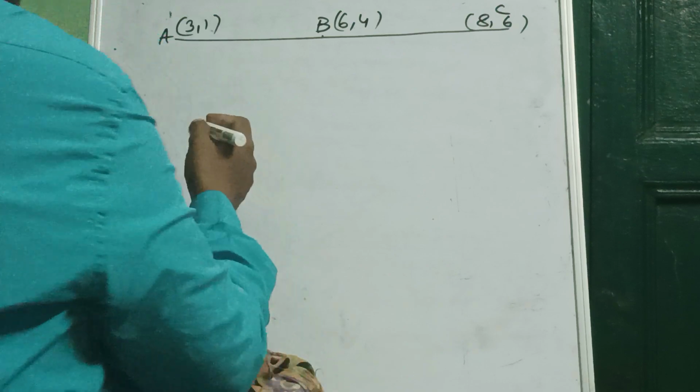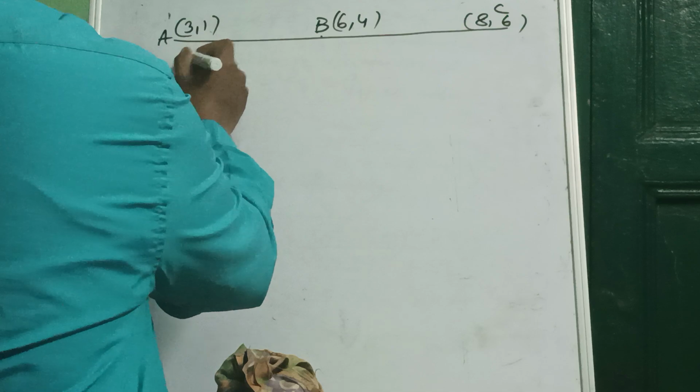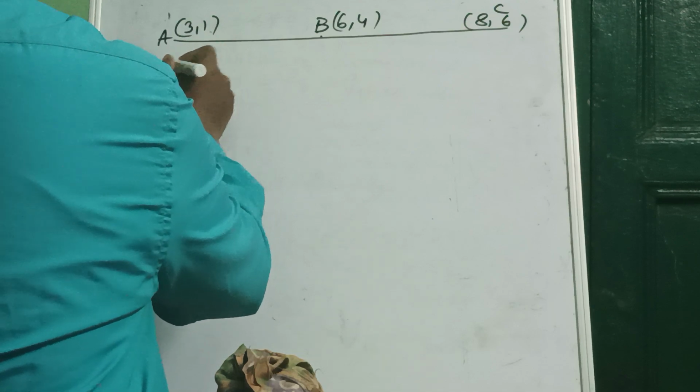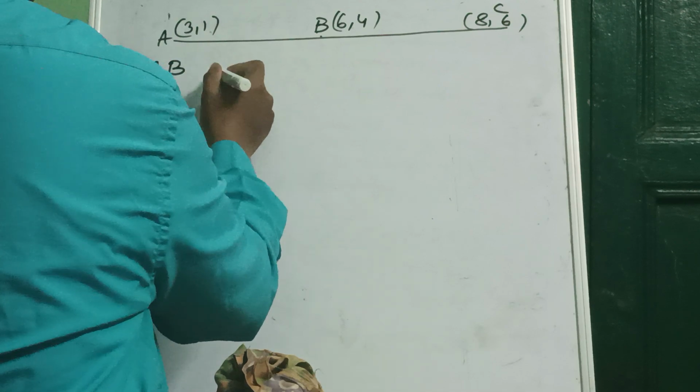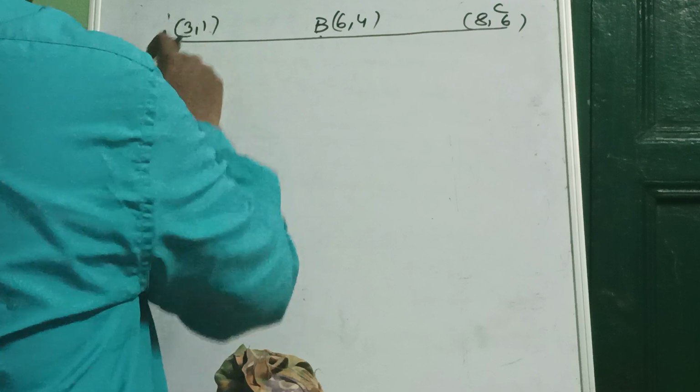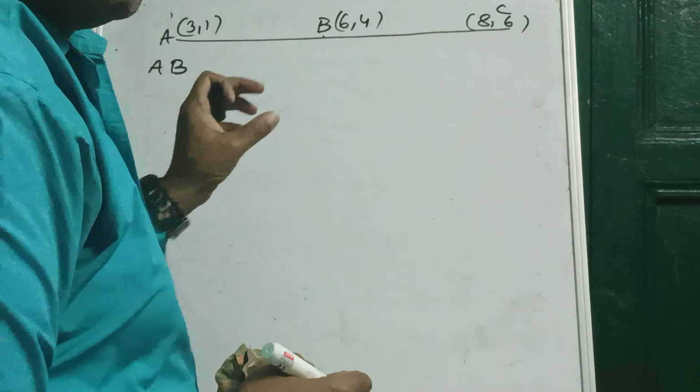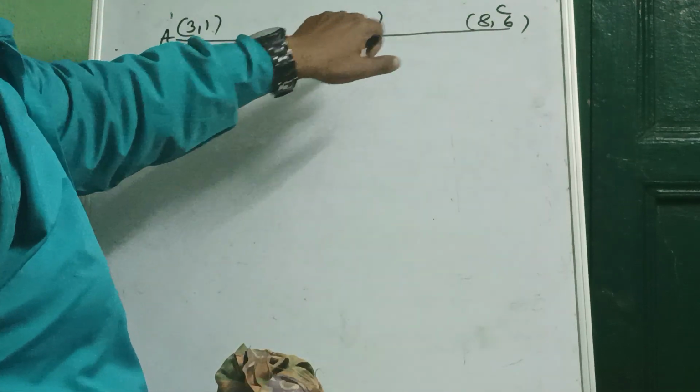To prove this, suppose AB. A we take as x1, y1 and B we take as x2, y2.